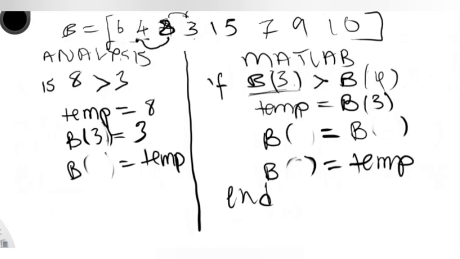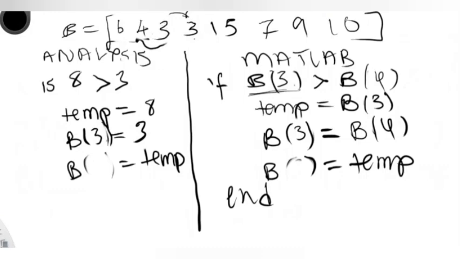Then we're going to put 3 where 8 is. 8 is at B3. So we're going to put 3 at B3. So we're going to say B3 is equal to B4, which is 3. We know that. Again, we're going to have 3 here.